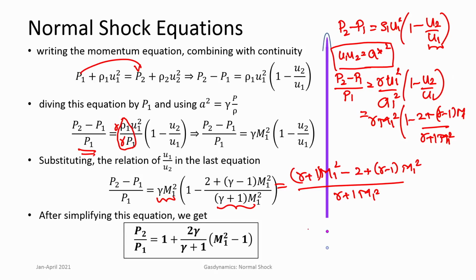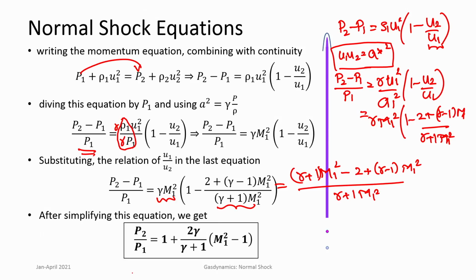If you do the algebraic manipulations on this, you get P2 by P1 equal to 1 plus 2 gamma by gamma plus 1 multiplied by M1 square minus 1. So this is now straightforward, and this is the equation to relate P2 by P1.